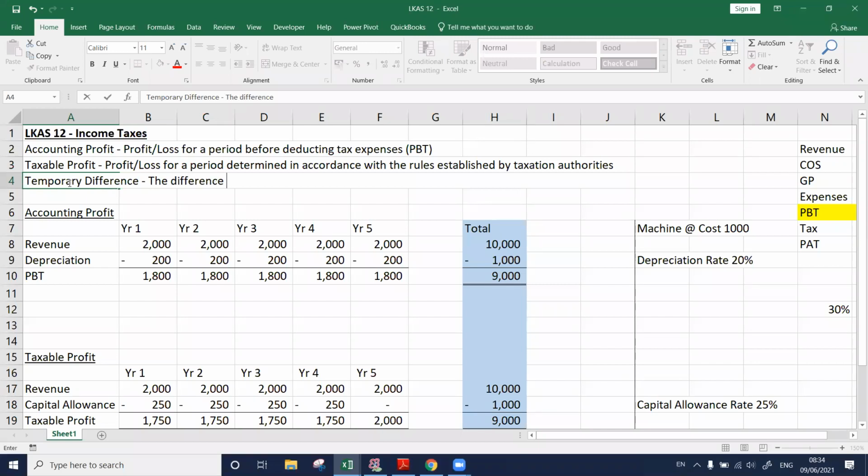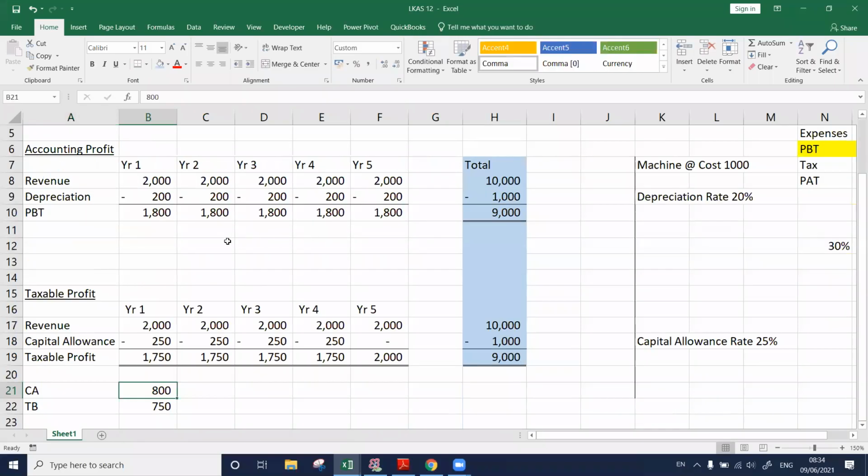The difference between carrying amount and tax base, we call the temporary difference, right? Now we need to calculate the tax expense.